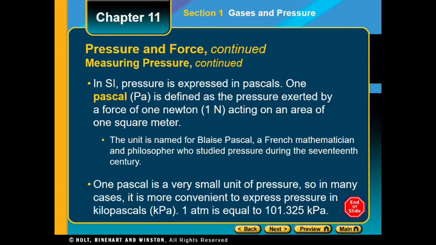So the SI unit for pressure is the Pascal. It depends on who's saying what it is, but that is our unit. The Pascal is the force of 1 Newton acting on an area of 1 square meter. So 1 Newton per meter squared is equal to the Pascal.